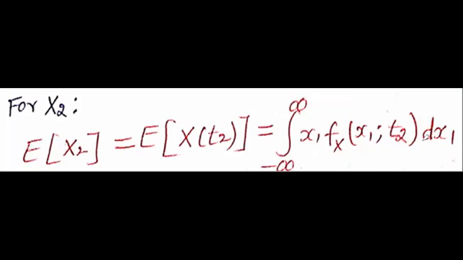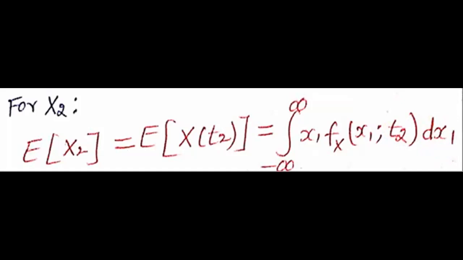So simply, if you want to calculate for the random variable x of t2, we have to mention here as dx2. But we are not doing that in this case. We are using only dx1 because this is a first order stationary process.